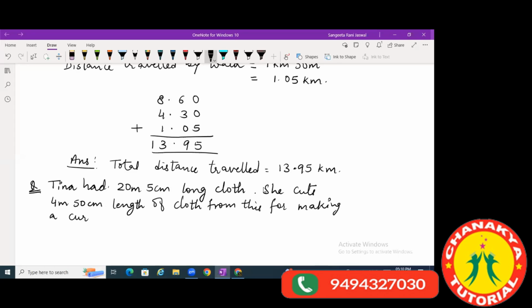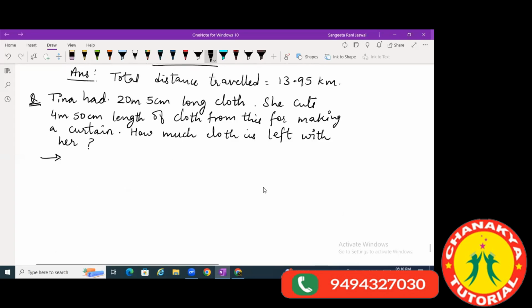Now what is she making? She is making a curtain out of it. How much cloth is left with her? This subtraction question has come before us just by chance, but let's do it. We have not done the subtraction sums yet, but I'll show you.